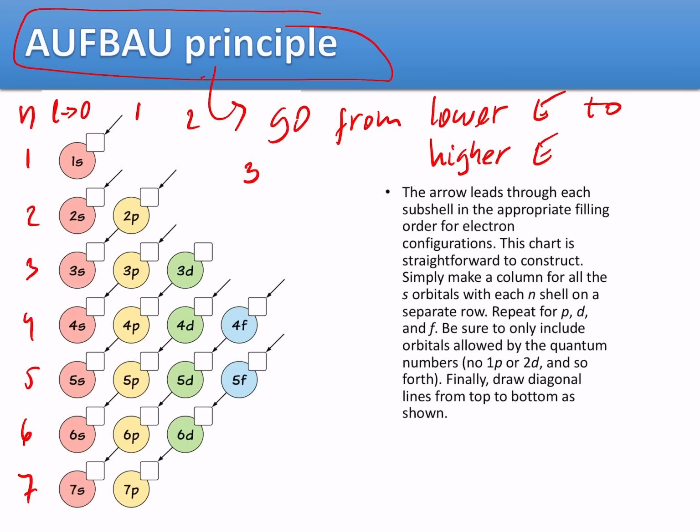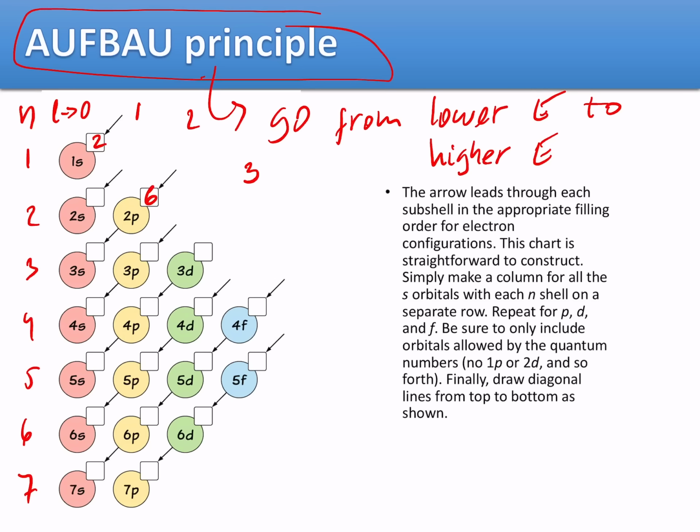And remember, 0 is s, 1 is p, 2 is d, and 3 is f. That describes sort of a matrix in which you are going to locate those electrons. Remember, maximum occupancy for an s orbital is 2, so you can only put a maximum of 2 electrons there. For a p orbital, remember there are 3 p orbitals, so you can put 6 electrons there.